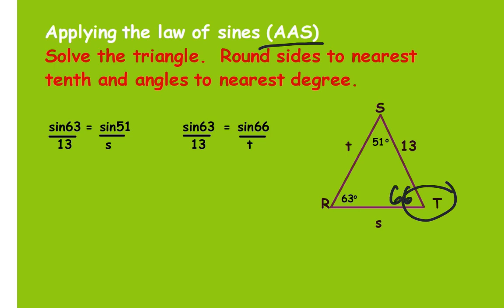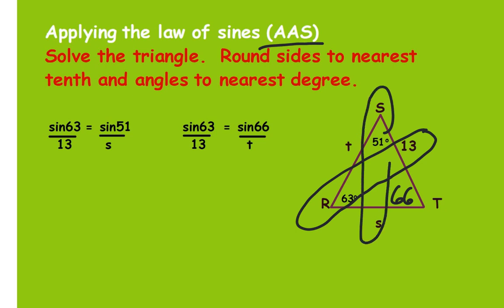It is 66 degrees because it's 180 minus 51 minus 63. And that's 66. So now I'm going to go ahead and erase that. Put 66 in here. Now I have a complete pair. I have a complete pair in R. So what I need to do is I set up the sine of 63 over 13 equals, and this first one I'm going to find side S. So I have sine of 51 over S. I'm going to cross multiply and divide.